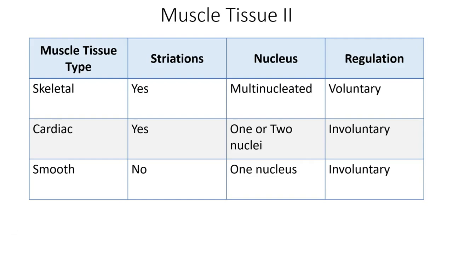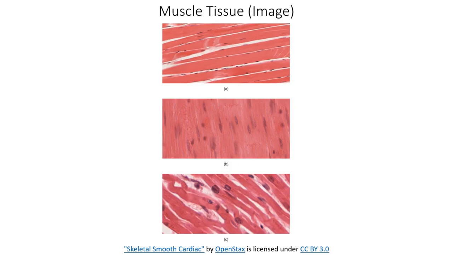Cardiac muscle tissue is also striated. There's usually only going to be a max of 2 nuclei per cell, and this is involuntary, so no conscious control. This is automatically signaled. And then smooth muscle tissue is called smooth tissue because it does not have striations. It's only going to have 1 nucleus per cell, and this is also involuntary contraction.